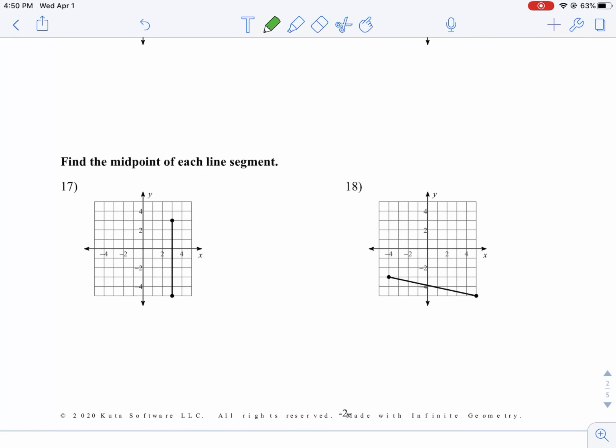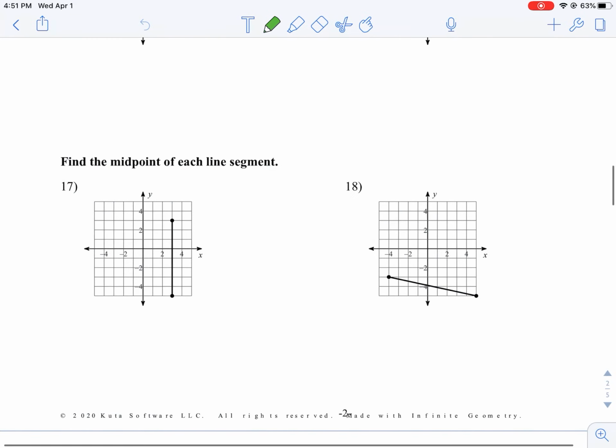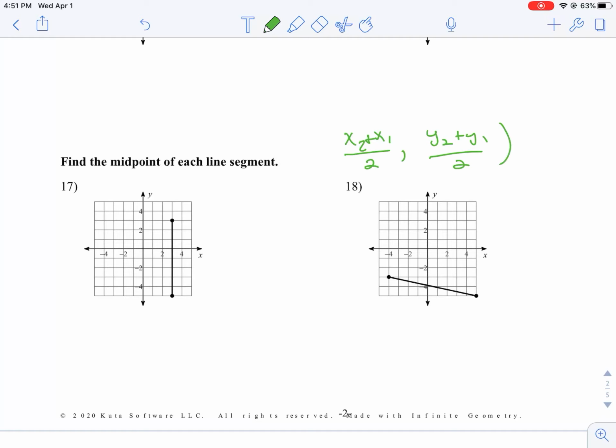Now we have the midpoint formula. All right, again, let's go back. Midpoint is x1 plus x2 over 2, y1 plus y2 over 2. So we go back to our midpoint, and our midpoint is x2 plus x1 over 2. That's 1 point. Y2 plus y1 over 2. And remember, we're finding a coordinate. All right? So find the midpoint. Let's do number 18.